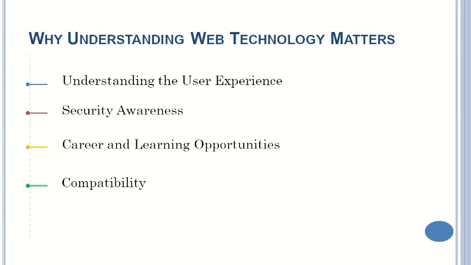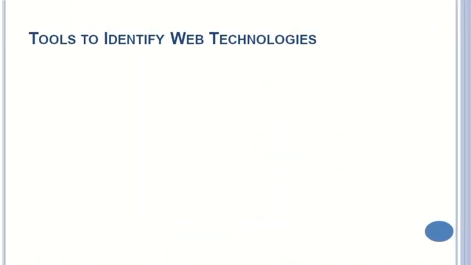So having known all these benefits, what are the various tools that we can use to identify which technology a particular website is built with? In this tutorial, I'm just going to show you three website checkers that we can use to check the technologies a website is built with.